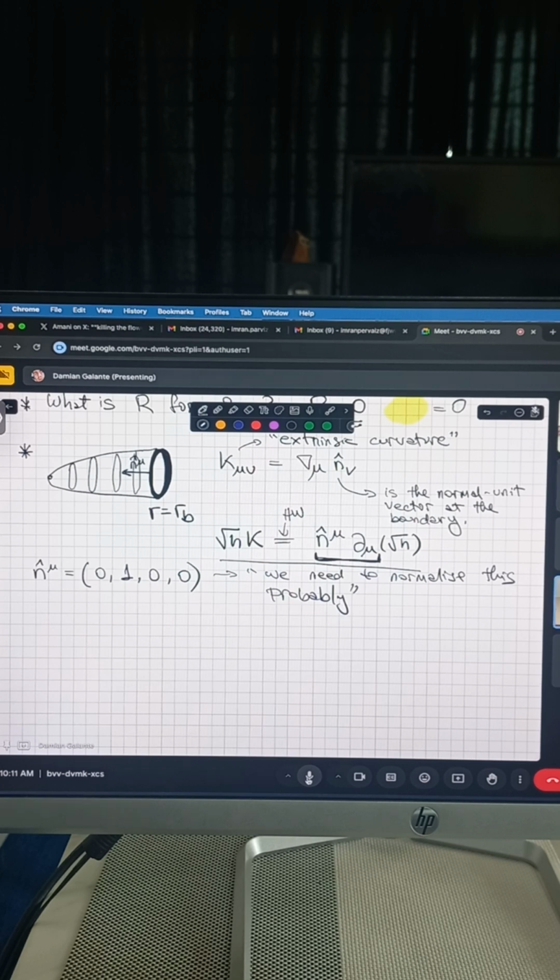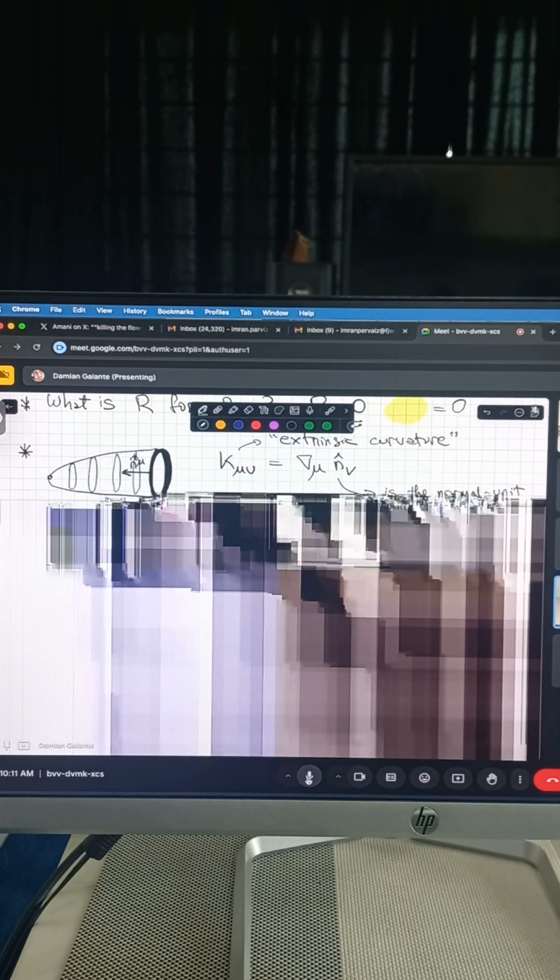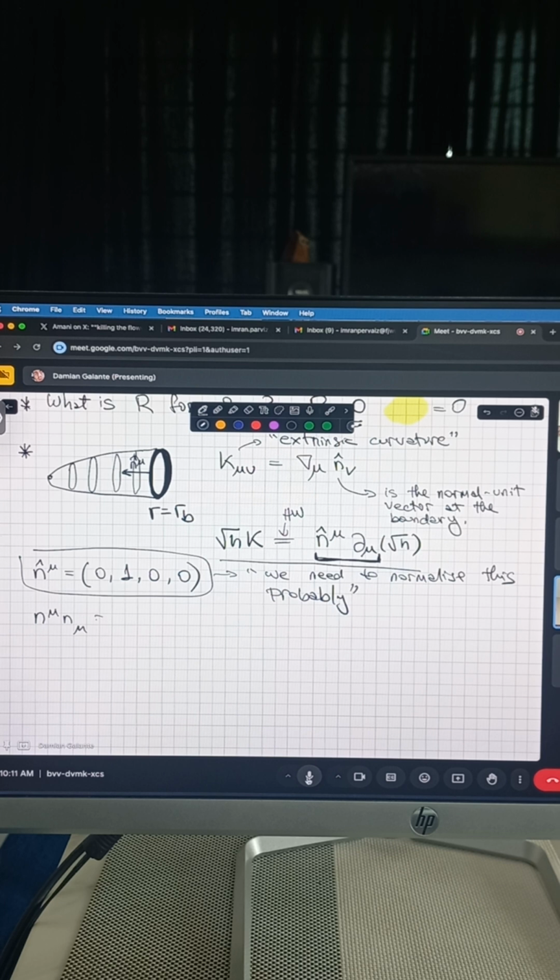No, that's not completely correct because the normal vector has to be normalized. And so in order to normalize this, you need n mu n nu times the metric being 1. So you will need to include a metric here. And this will tell you that the norm of n, because g has factors of r, the normal vector will also have factors of r in here.